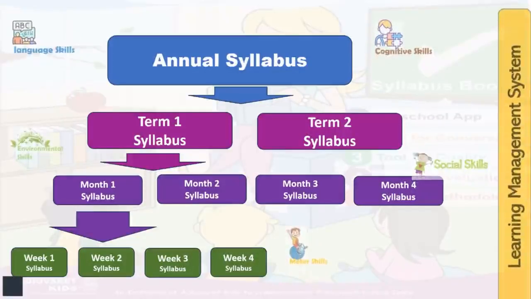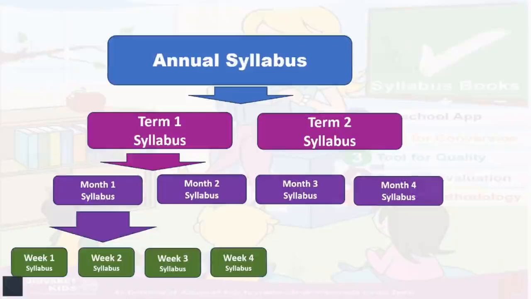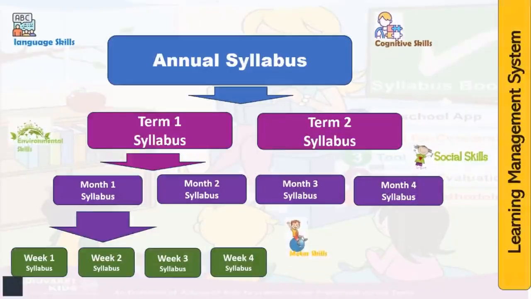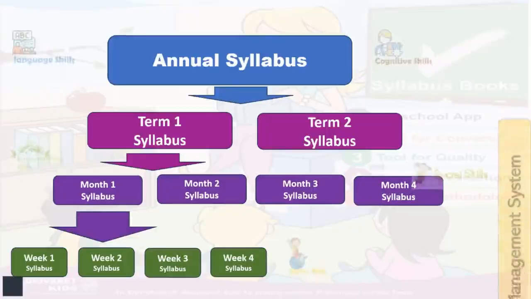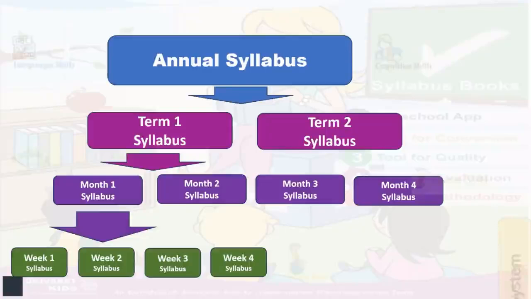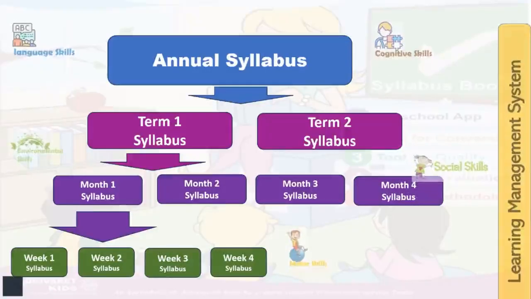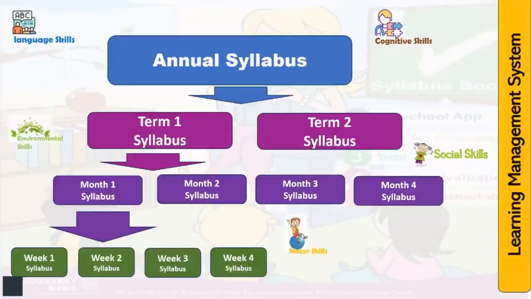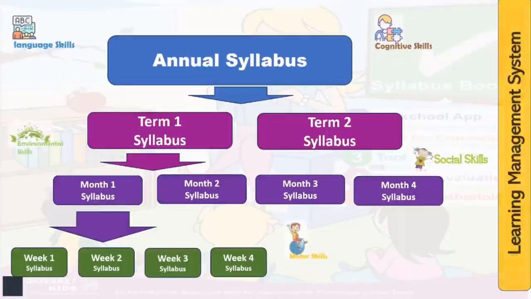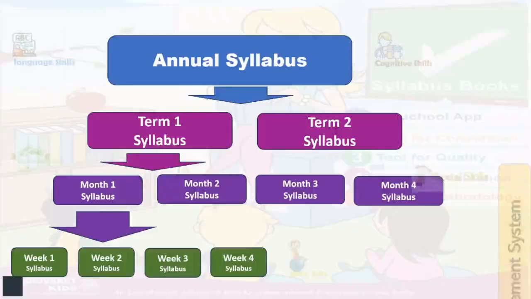Because of that, we subdivide the monthly syllabus into 4 parts, so each part will be allocated to each week. So if we divide a monthly syllabus into 4 equal parts, then each week will have a certain amount of syllabus which will be taught to the children in that particular week.